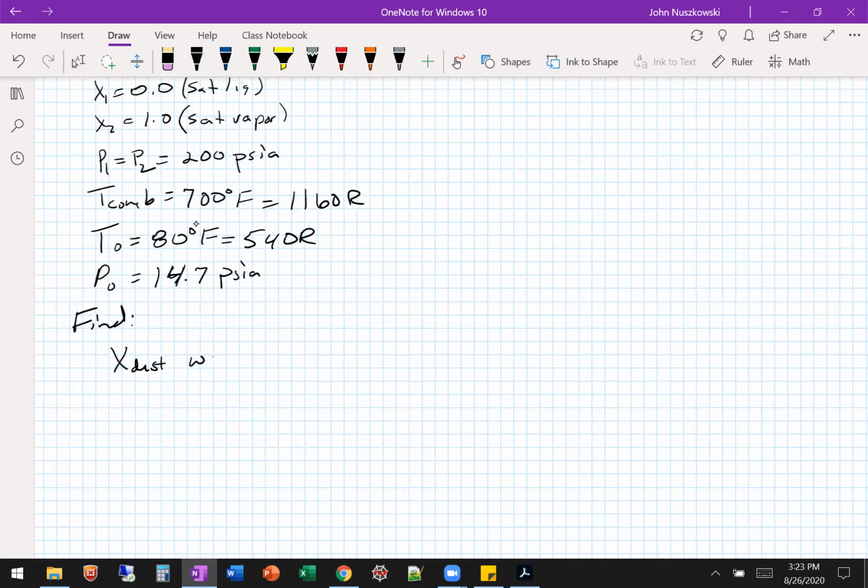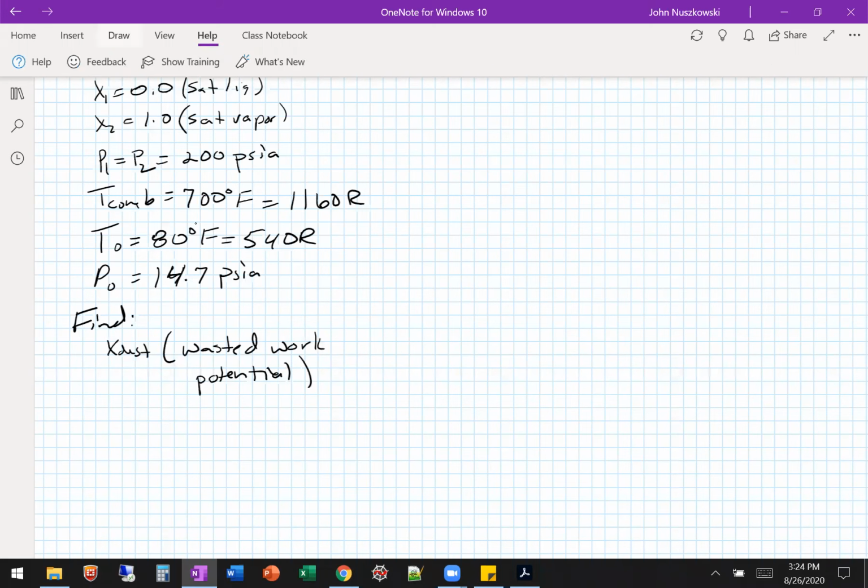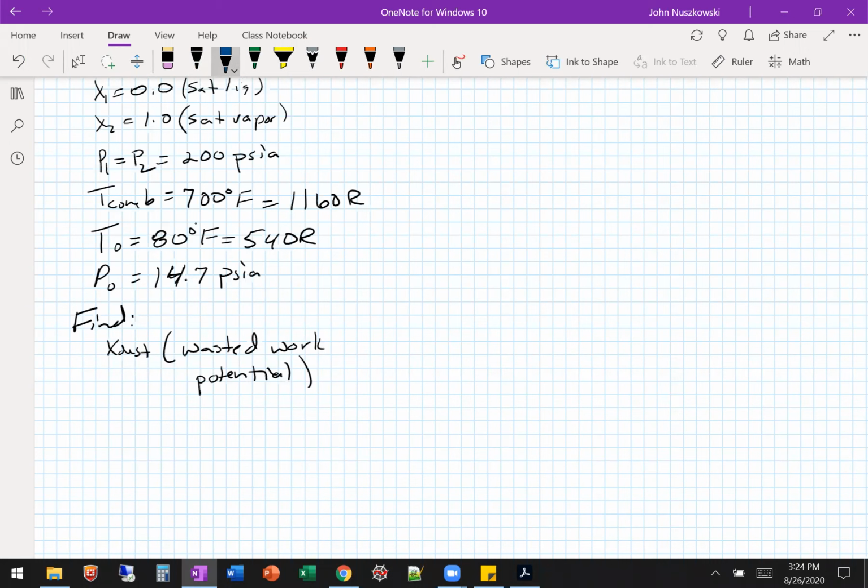I should also make this lowercase x destroyed, because that's the wasted work potential. It's lowercase because it asks for work and not power or rate, right?